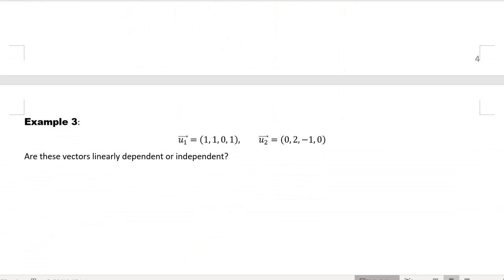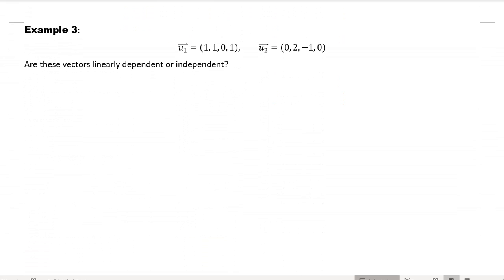Okay, good. Let's continue. Example 3. We have u1 and u2. Are these vectors linearly dependent or independent? We have two vectors in R4. We want to set up a u1 plus b u2 equals 0, and solve for a, b.